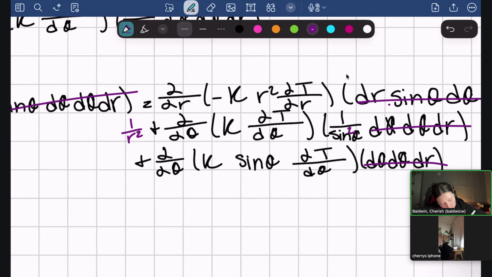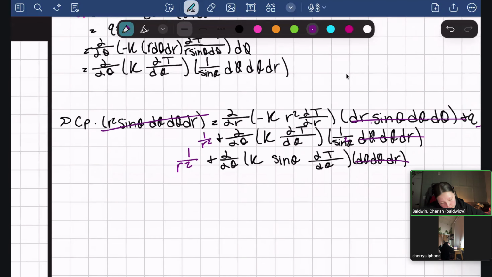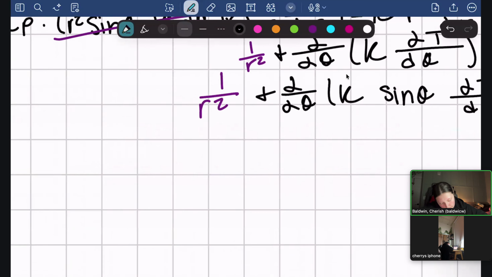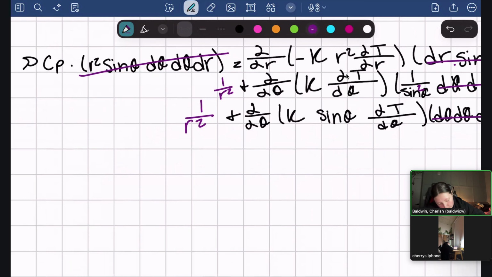And for the bottom one, get 1 over R squared. Right, and then now we simplify. Oh, and then we also assume K is constant.